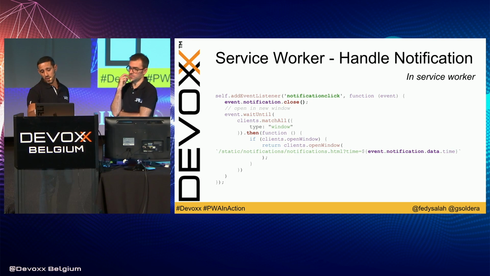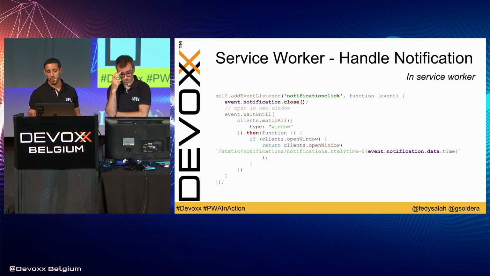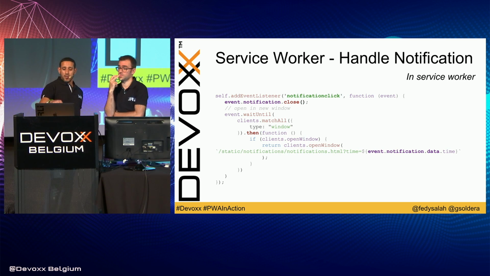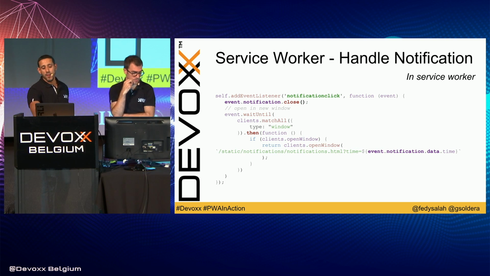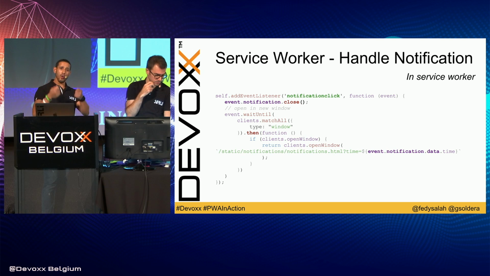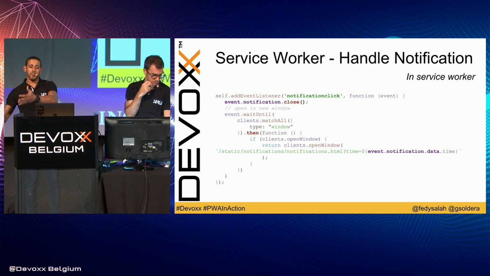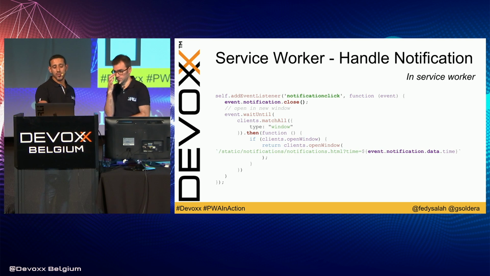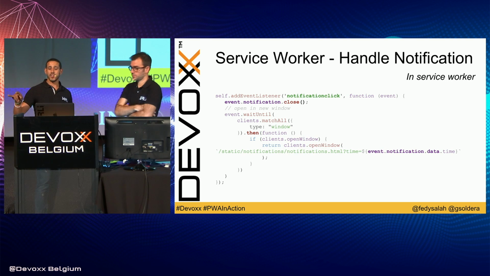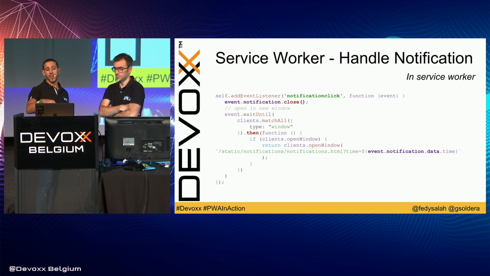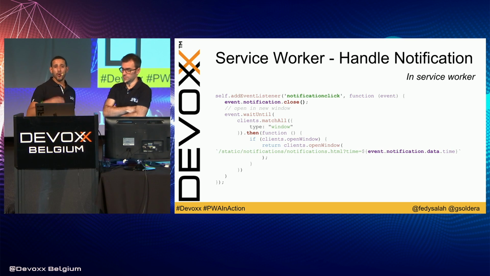This code has to be written in the service worker part, and when we click, for example, on a notification, we can iterate over all the clients controlled by the service worker, and maybe open a new window on this URL, or navigate to a specific URL from our client, or maybe we can do deep linking too.